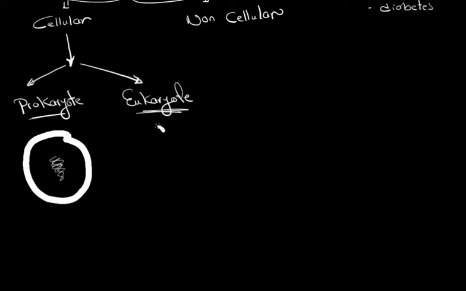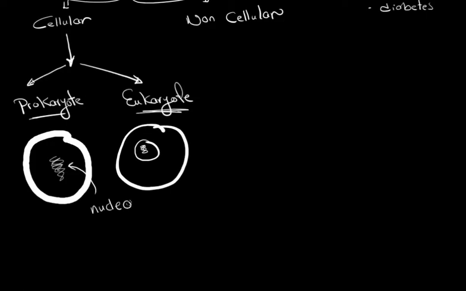That means they have a nucleus, the main membrane-bound organelle. While in prokaryotic cells, the genetic material is literally just swimming in the cytoplasm in a place called the nucleoid. So here is a prokaryote, and here is a eukaryotic cell with a nucleus.